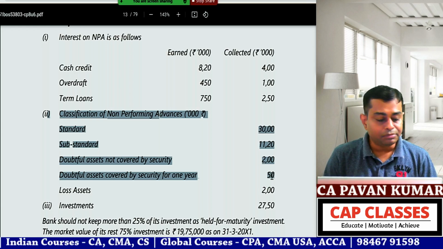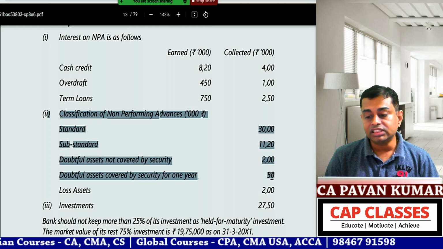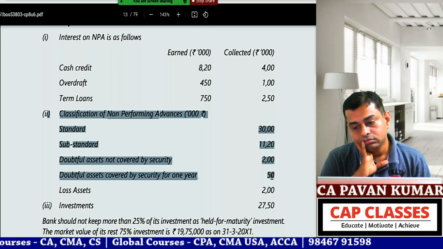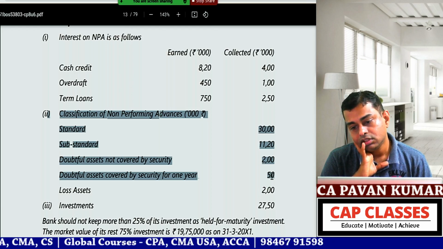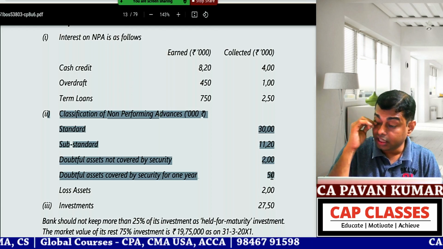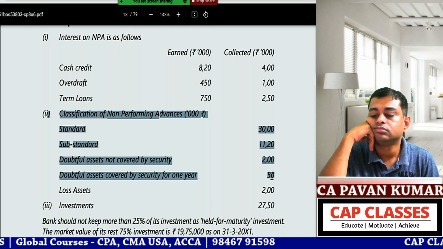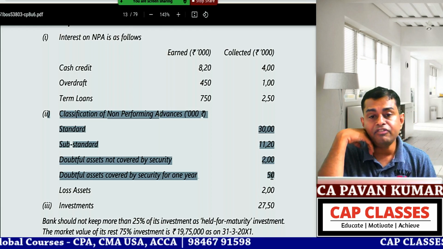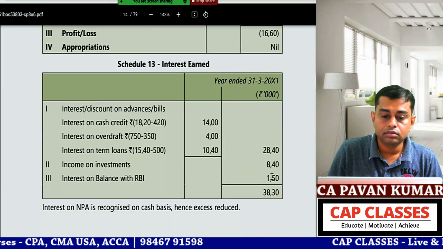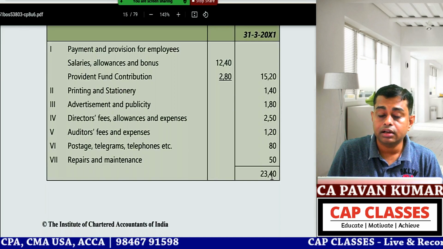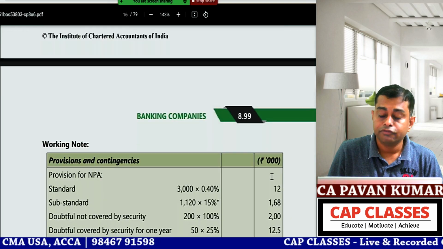Plus substandard 1120 into what is the rate? 15, sir. Substandard 15. Kirti is saying 25. It should be 15.